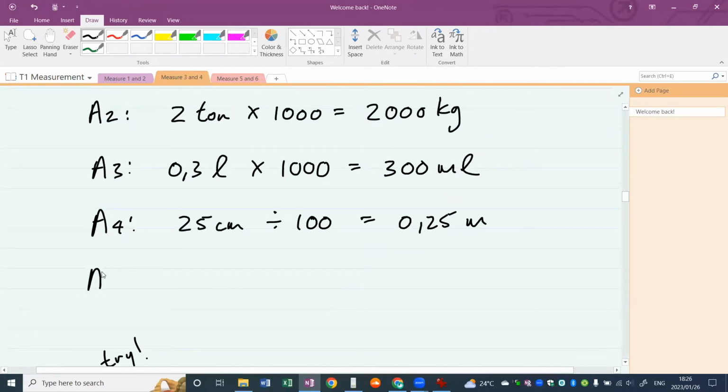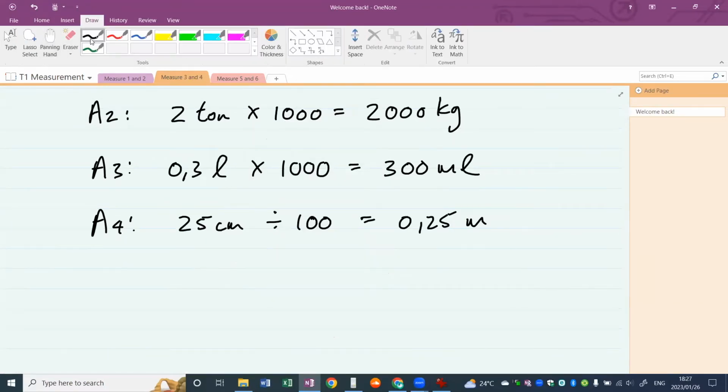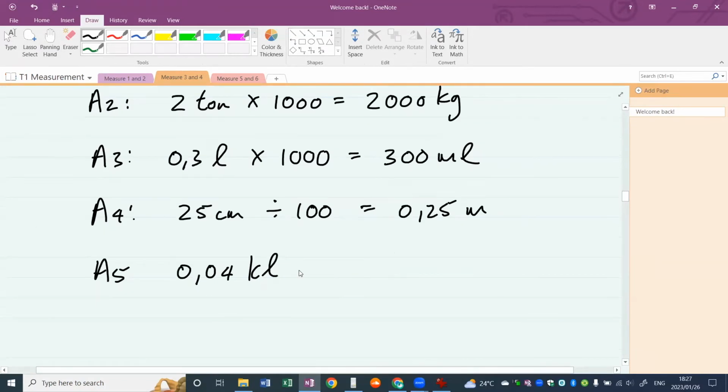So the answer for question 5, I need more paper. Using lots of paper tonight. Answer for number 5: I've got 0.04 kiloliters, and I need to times this by 1,000 to get to liters. We're doing 2 steps here first.